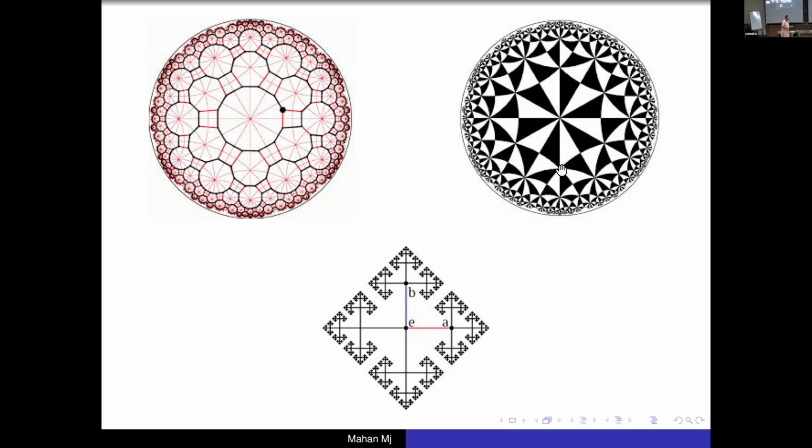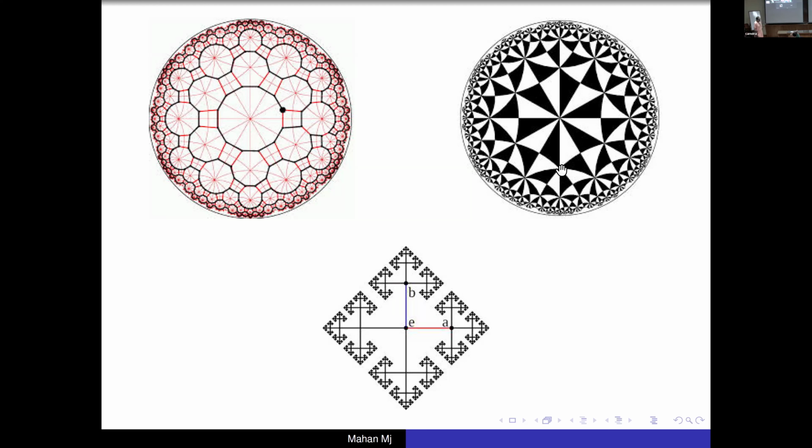Yeah, I think you're correct. Thanks for pointing out. I didn't realize that. And the generators are the reflections. In this Cayley graph, the generators are the reflections. That's correct.